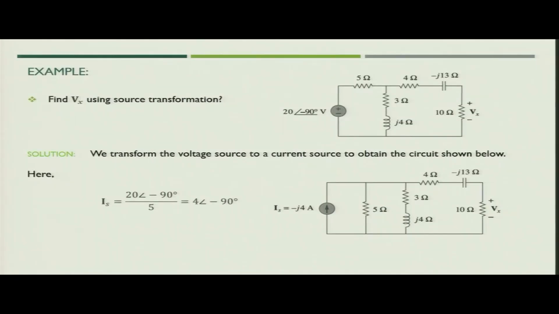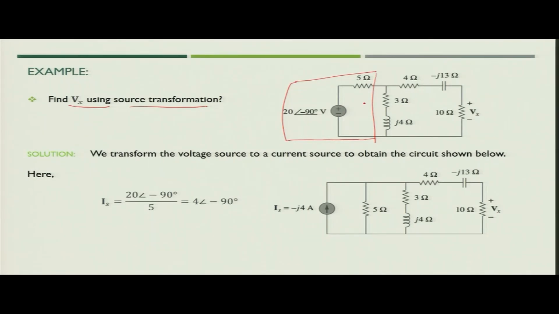So, let us take one example. We need to find the value of Vx using source transformation. How will we carry out the source transformation in this case? You see that you have a voltage source 20 angle minus 90 degrees connected in series with 5 ohm. This particular segment can be converted into an equivalent current source in parallel with resistance.